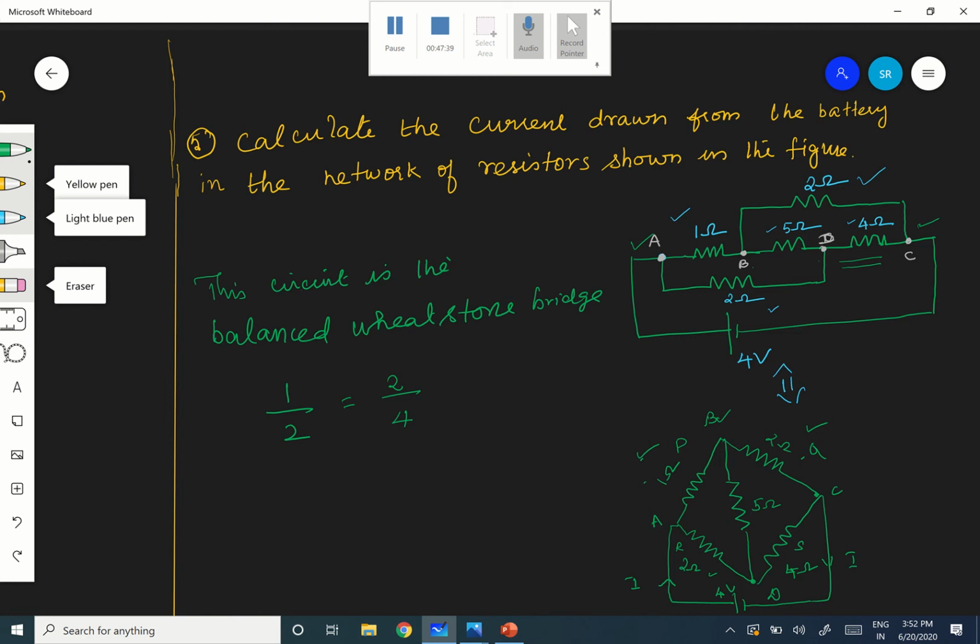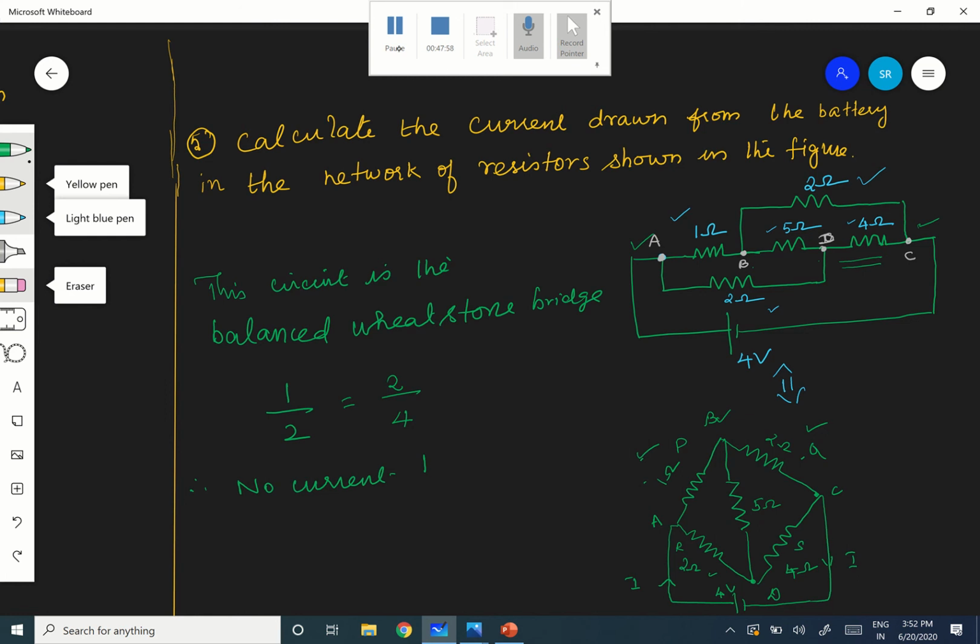No current in BD means BD can be neglected. It is ineffective. Therefore, no current. Through the 5 ohm resistor, the 5 ohm resistor can be neglected now.